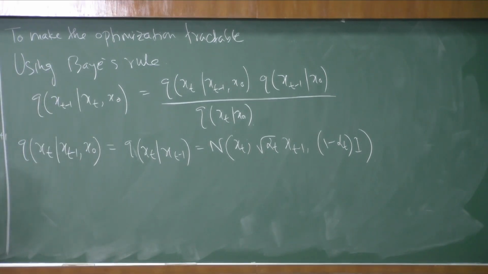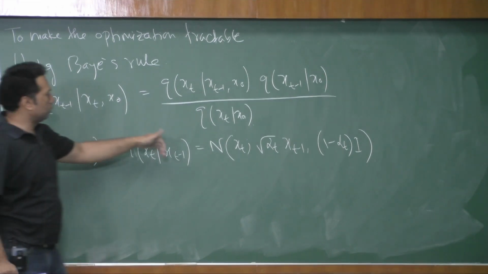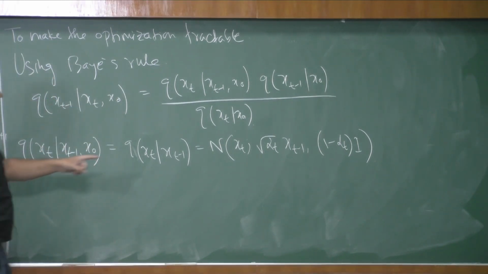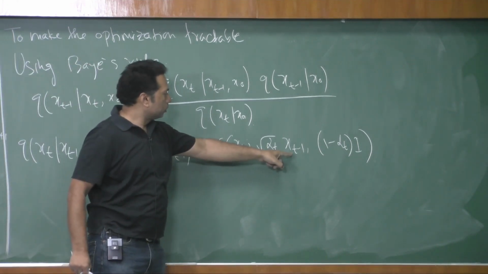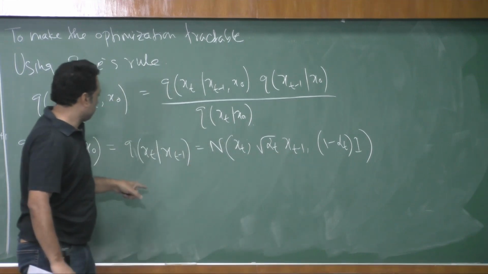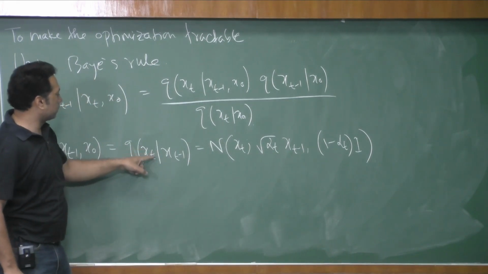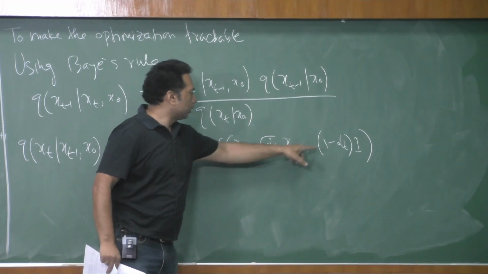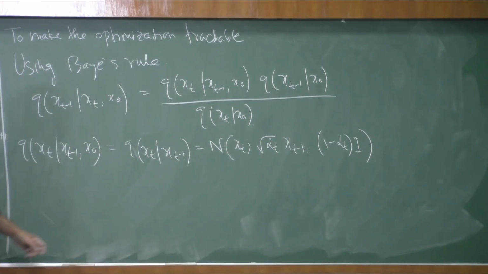This is how we define the transition from x_{t-1} to x_t. Using x_{t-1}, we get the samples x_t by doing this scaling and scaling of the variance and so on.